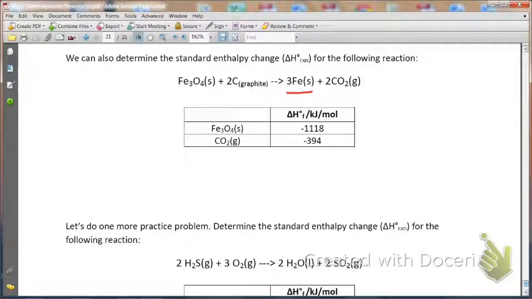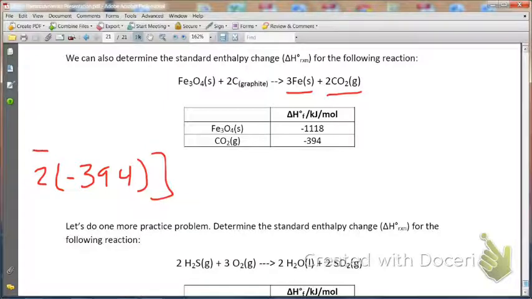But iron is an element, so it's not part of our equation whatsoever because its heat of formation value is 0 because it's an element. So that leaves us with CO2 as our only product that we have to count in. And so we've got 2 moles of it. So a negative 394.